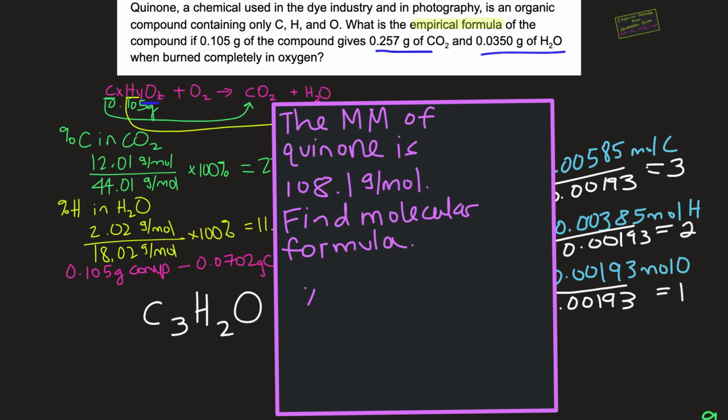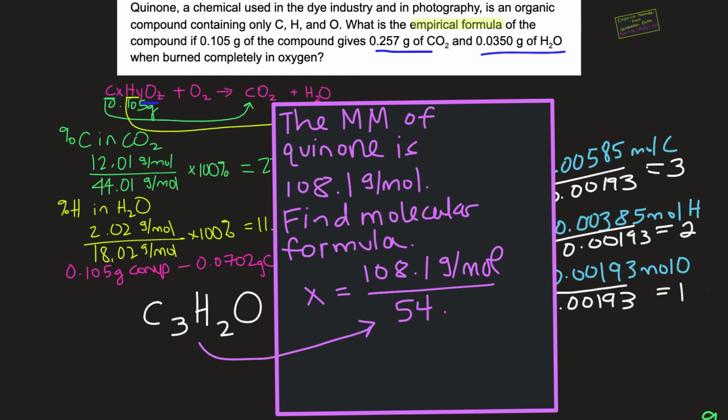There's going to be some multiplier X, a whole number, that's equal to the molar mass of the molecular formula divided by the molar mass of the empirical formula. Just add up 3 carbons, 2 hydrogens, and 1 oxygen, and we get 54.05, and we can see that X is equal to 2. What that means is that in nature, the compound is twice as heavy as what we got for the empirical formula. Twice as heavy would mean 6 C's, 4 H's, and 2 O's. So there's your molecular formula.